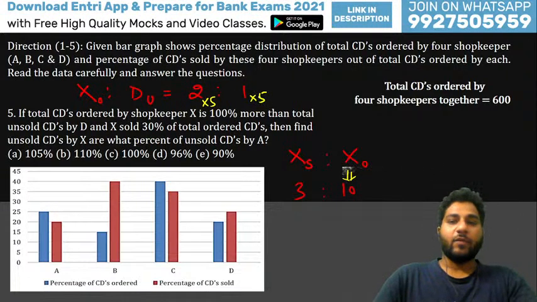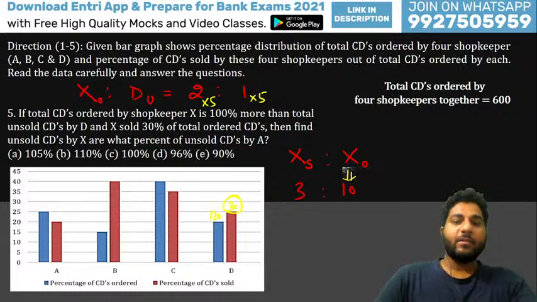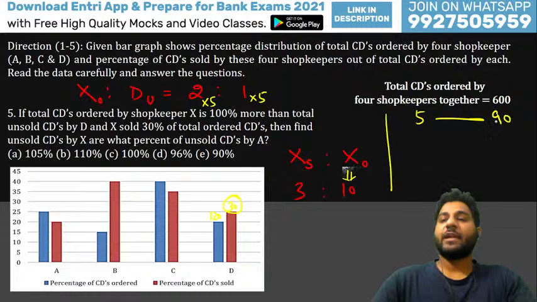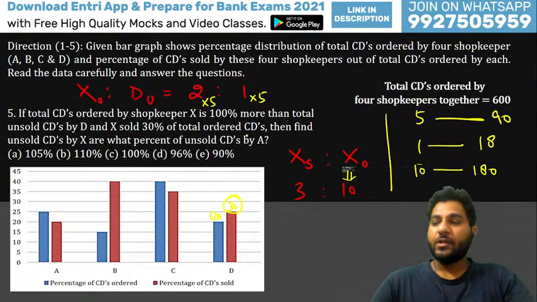So D's unsold data would be, look at this, if D had sold 30 CDs, D must have unsold 90 CDs. So 5 ratio has to be equal to 90 CDs. 1 ratio equals 18. That means 10 ratio equals 180.